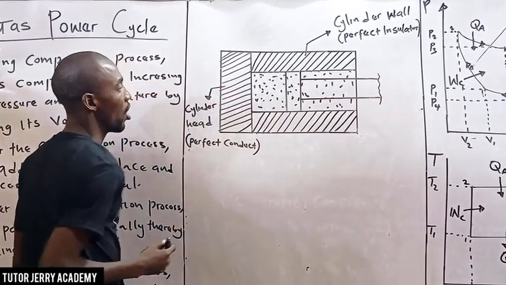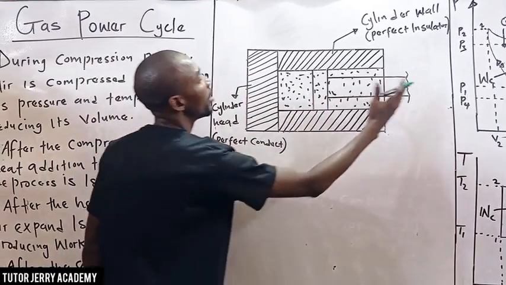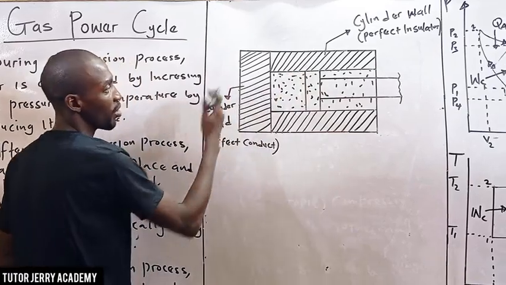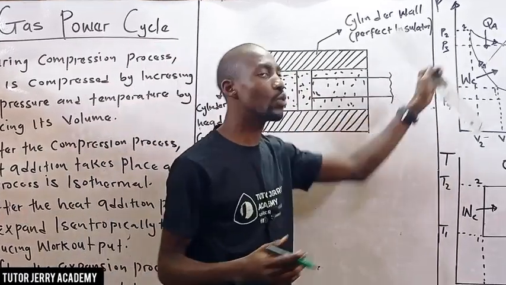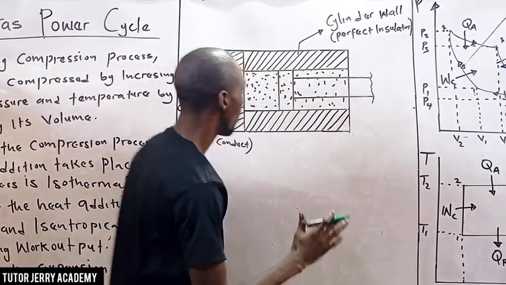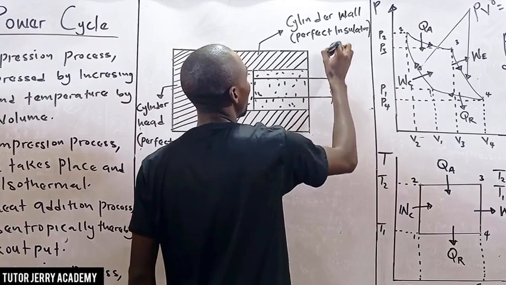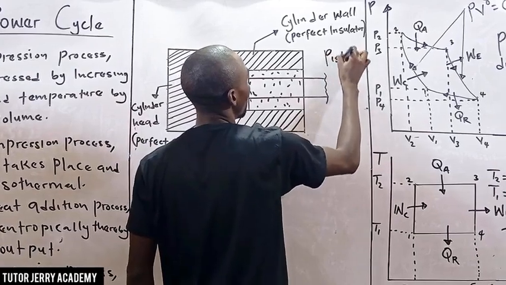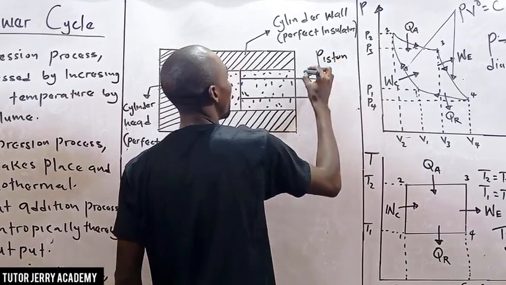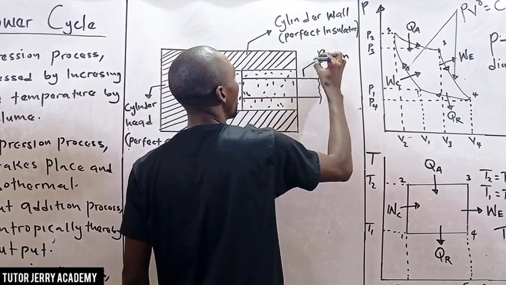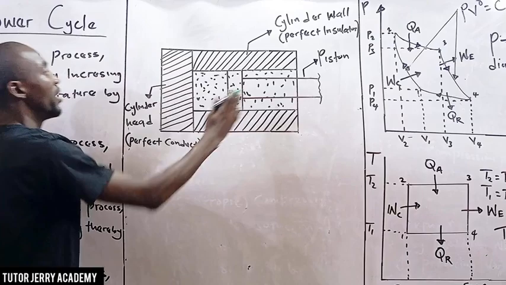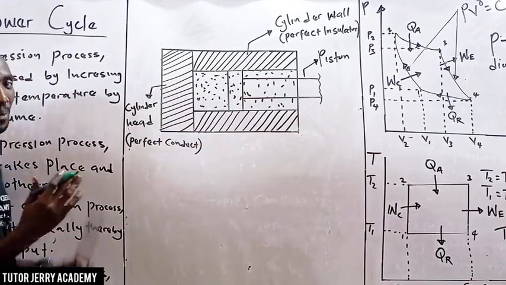Is that clear? If the piston compresses the air, because from process 1 to 2 we have compression, the air is compressed by this piston.